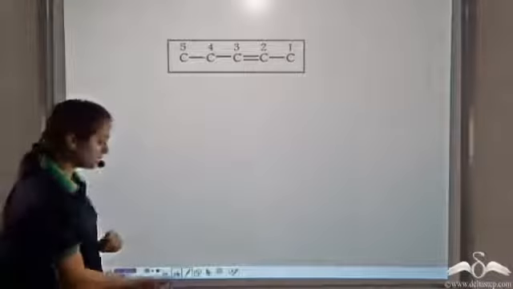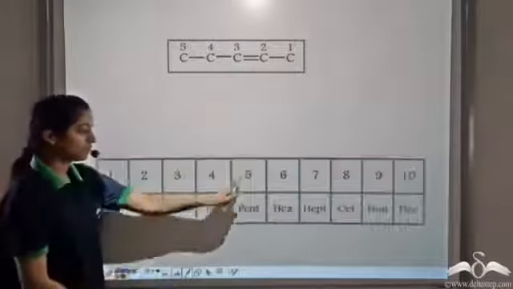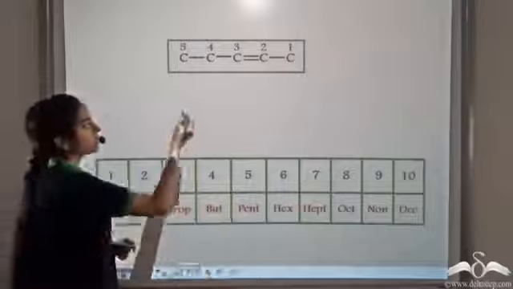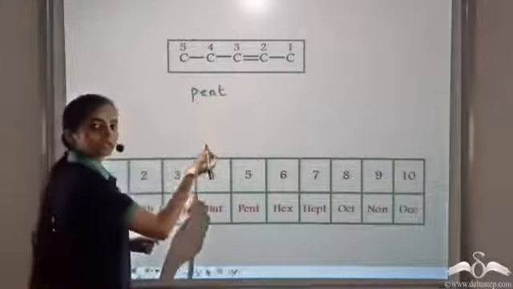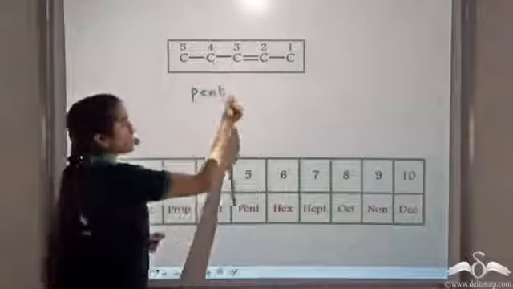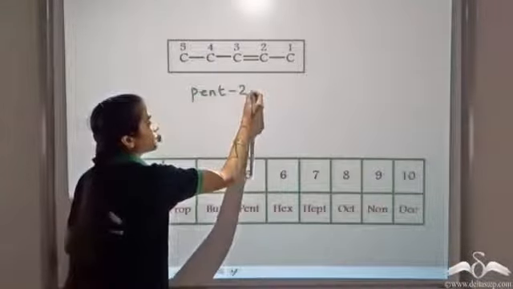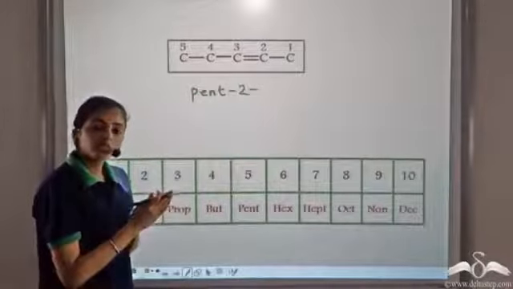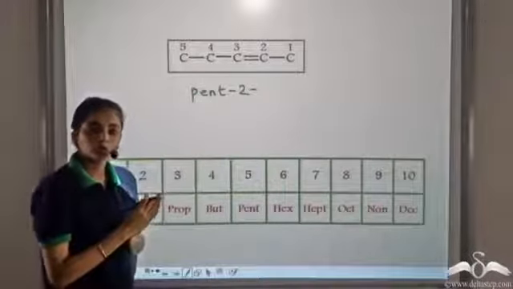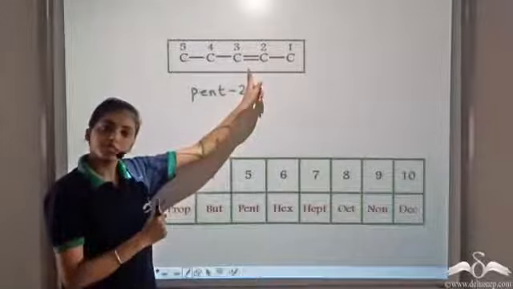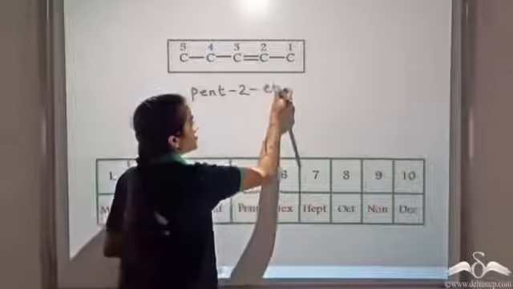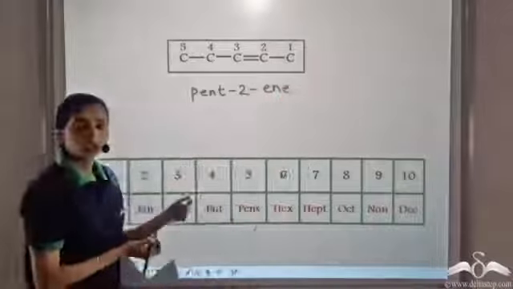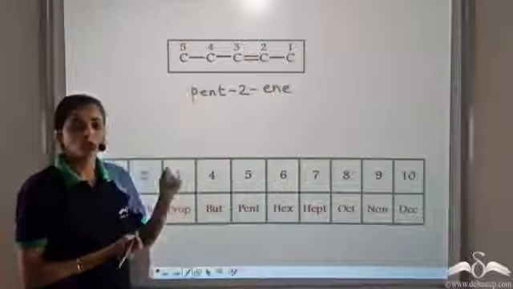We have 5 carbon atoms. 5 carbon atoms means pent. So this becomes pent. The double bond starts from position number 2. So we get 2. And to get the suffix, we have to look at the functional group present. Since the double bond is the functional group, the suffix is ene, since it is an alkene. So this is the IUPAC name of this organic compound.